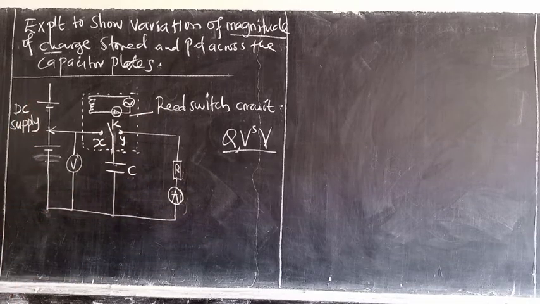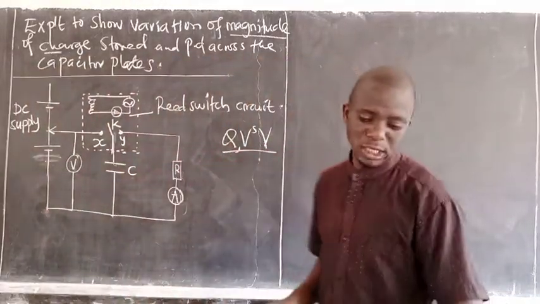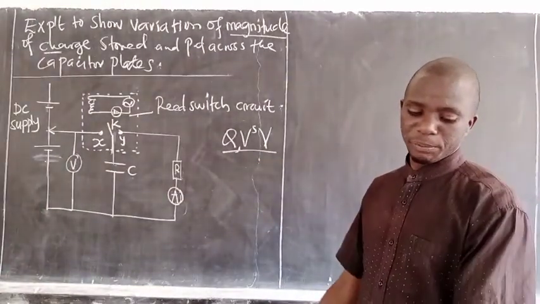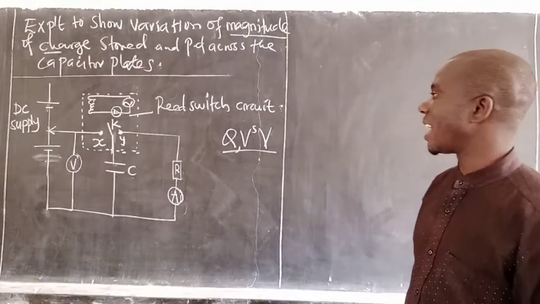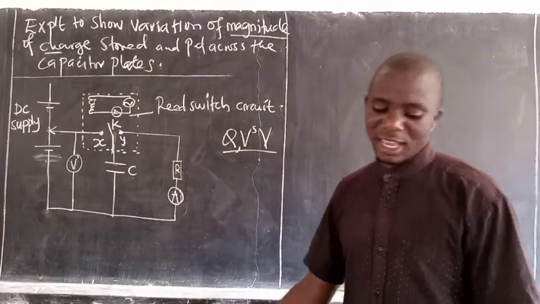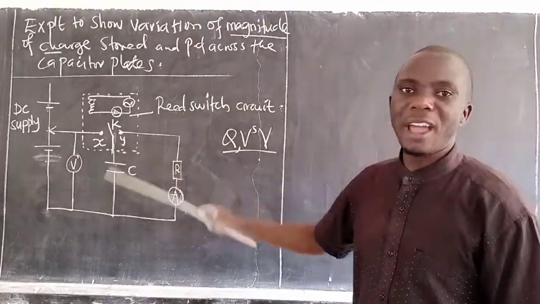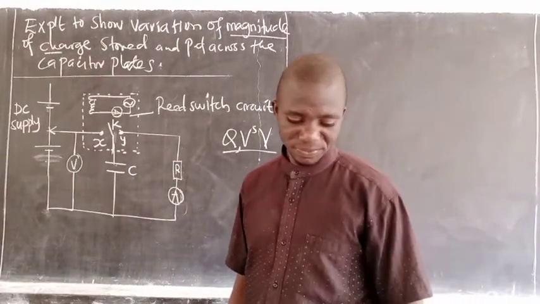So this is what happens. When the switch K is activated at a suitable frequency, let's say F, the capacitor is continuously charged and discharged, by K making contacts at X and Y respectively.